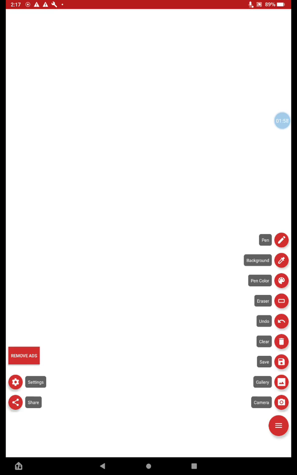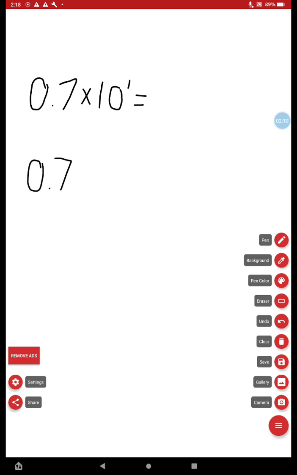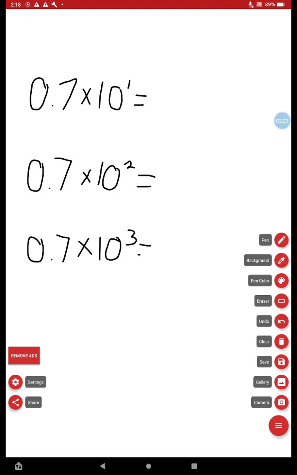Well, here's another way to think about the shift pattern. If I have 7/10 times 10 to the first, and I have 7/10 times 10 to the second, and I have 7/10 times 10 to the third. Okay?